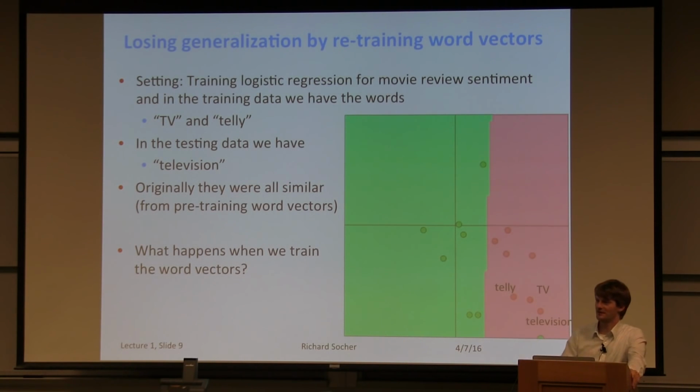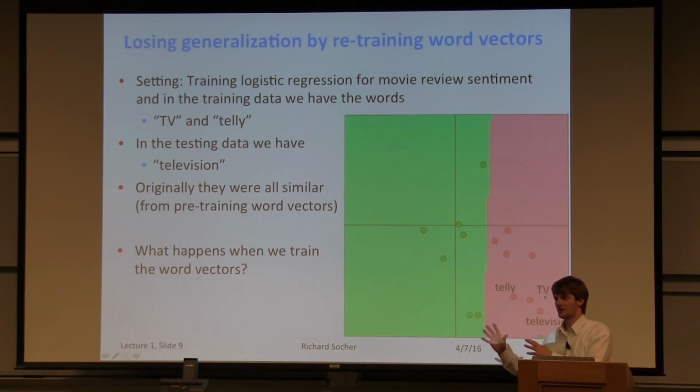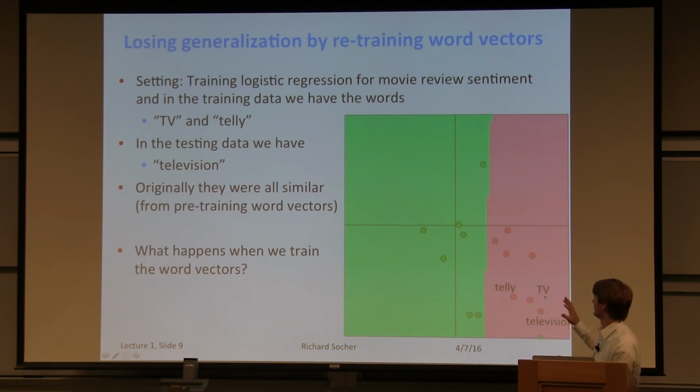Let's say it's a British data set. And in the testing data that we don't see during training, we have the word television. Originally, we would hope from training our great word vectors that TV, telly, and television are all close by in the vector space. And again, usually those will be 200-dimensional. Nothing will ever in real life be two-dimensional.